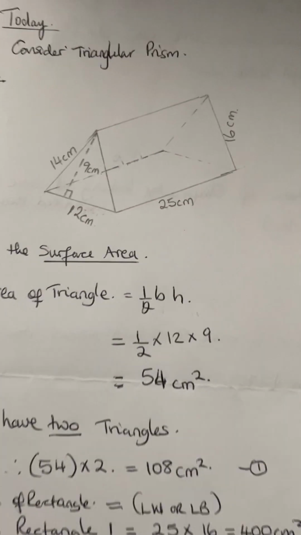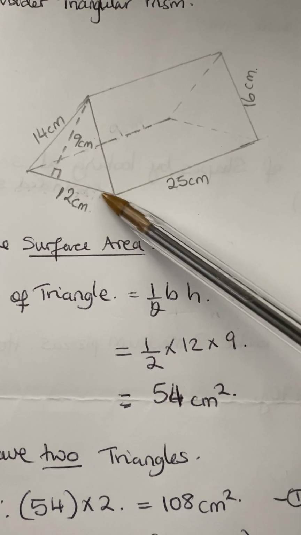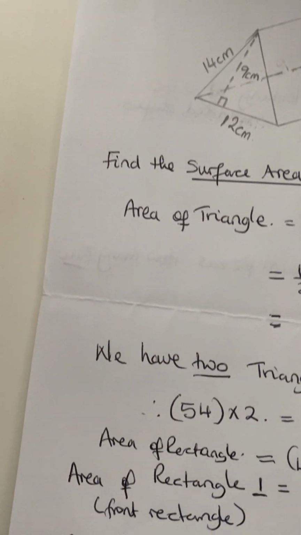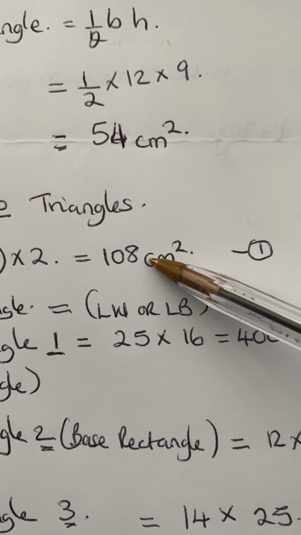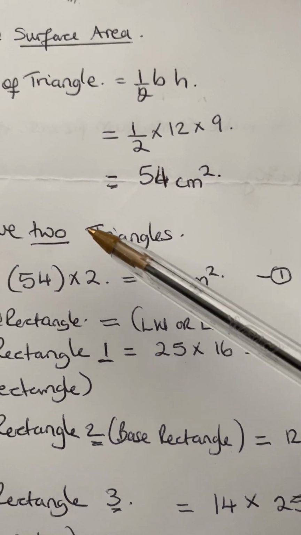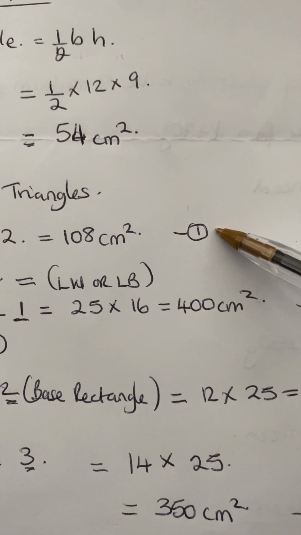So if we want to find the total surface area of this triangular prism, now we have 108 centimeters squared, which is the area of the two triangles, which we labeled 1.